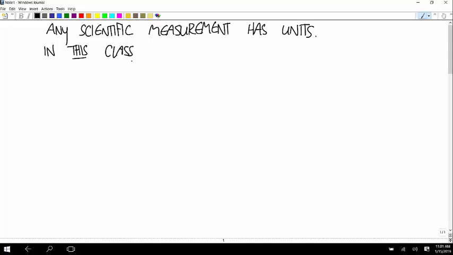In this class, every unit that we're dealing with can be written as a combination of three basic unit types.